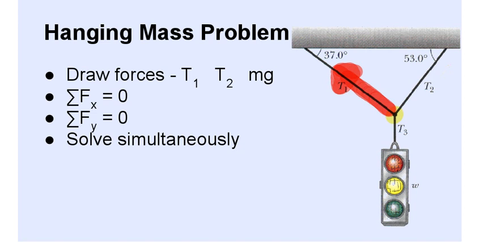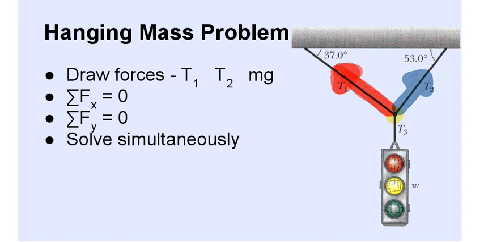On that yellow point right there, the cable is pulling up and to the left. Meanwhile, T2 is pulling this way. It's to the right and up. And so I draw in those two forces.